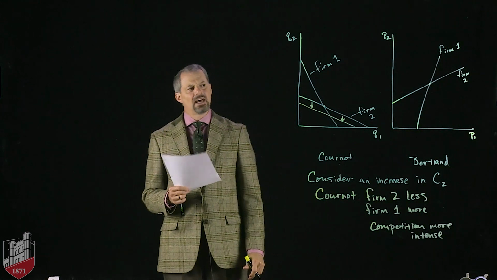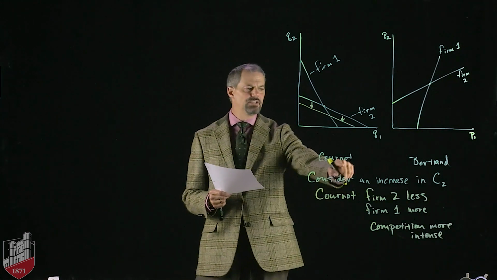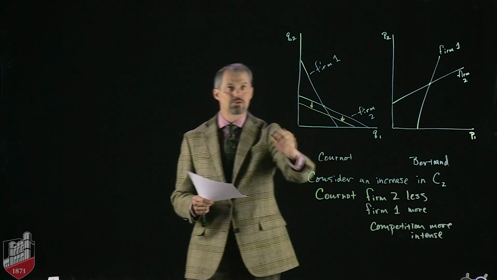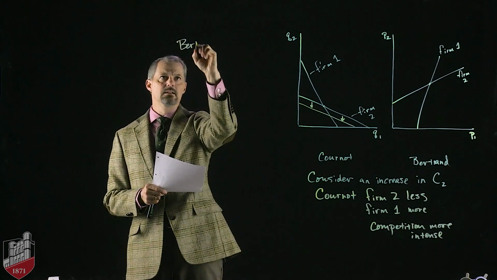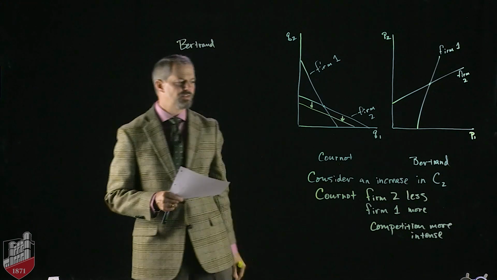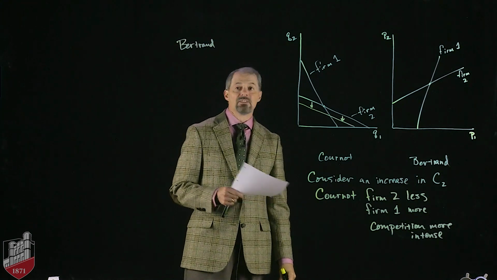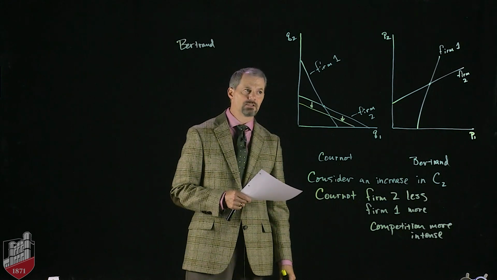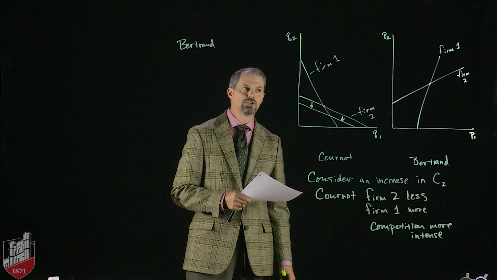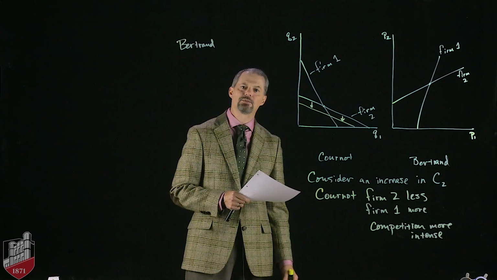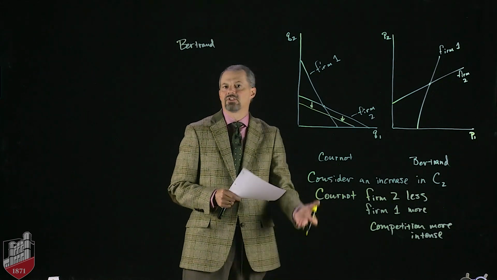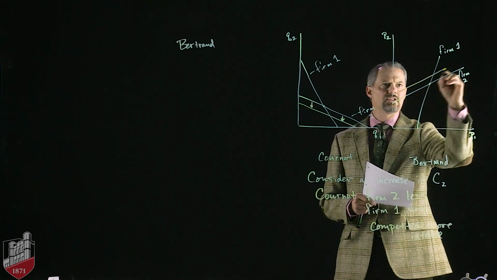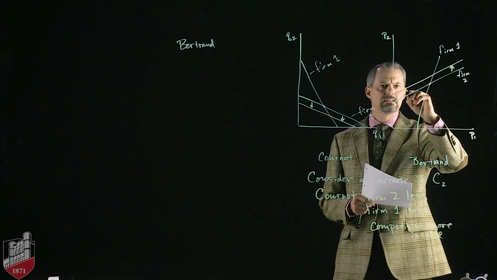Now let's think about what happens if we have an increase in marginal cost for firm 2 with the Bertrand model. So Bertrand, with differentiated goods, if you go back and look at the functional forms for those response functions, what you'll see is that the intercept of firm 2's response function is going to increase, which means that firm 2's best response function is going to shift up like this.